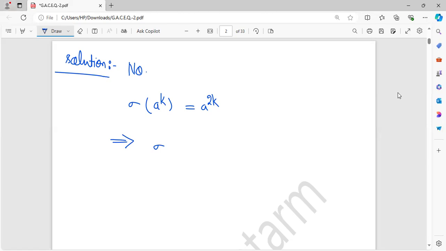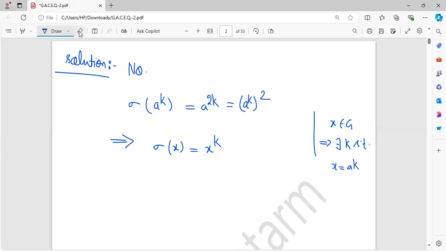Because each element x belongs to G implies there exists k such that x is equal to a to the power k. So this is my x, and I can write it as x to the power k. So what is sigma actually? Sigma is nothing but squaring, for all x belongs to G.